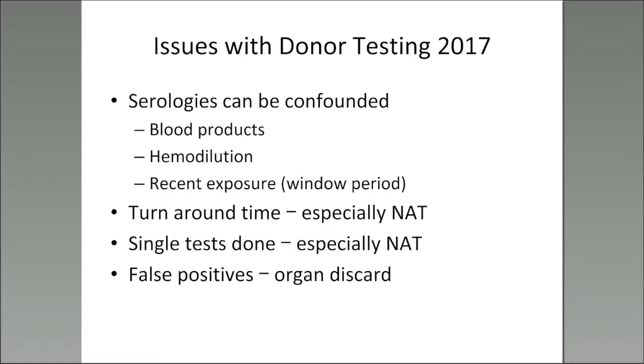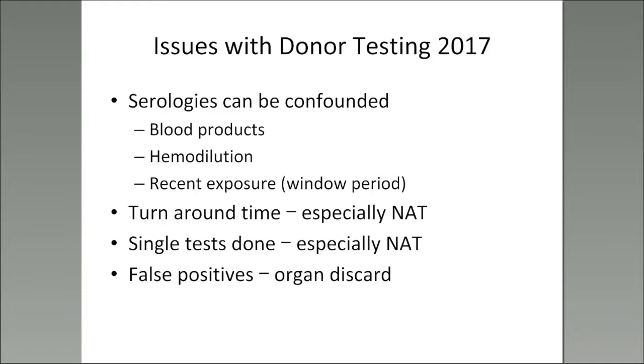So the issues with donor testing in 2017, so one is the serologies can be confounded. So if you get blood products, you can get a false positive serology in the donor, and we see that commonly with CMV and EBV. If you get hemodilution in the donor, this can lead to a false negative serology. And then if you get recent exposure, I'll talk more about that in a subsequent slide.